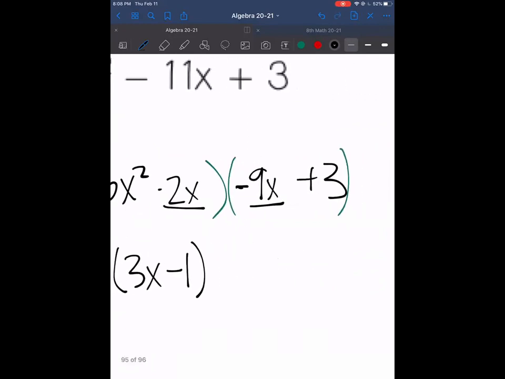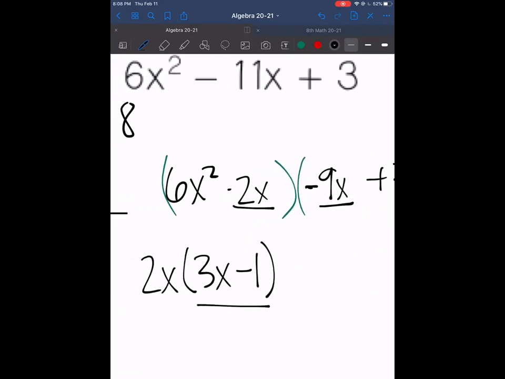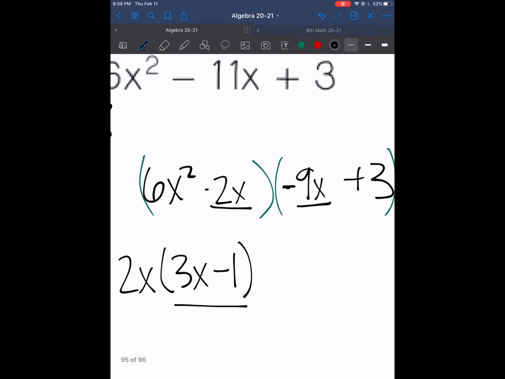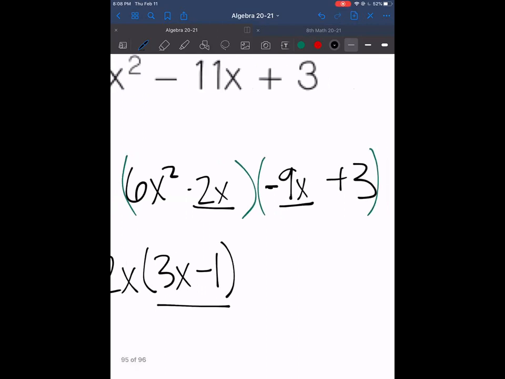Okay, now I'm going to look at the second group. Remember, I want to match that term. So I need to pull out a number that's going to make a positive 3x and a negative 1. So if I'm getting a negative 9x and I want a positive 3x, then I need to pull out a negative 3.